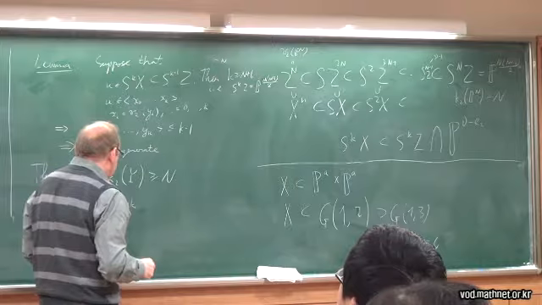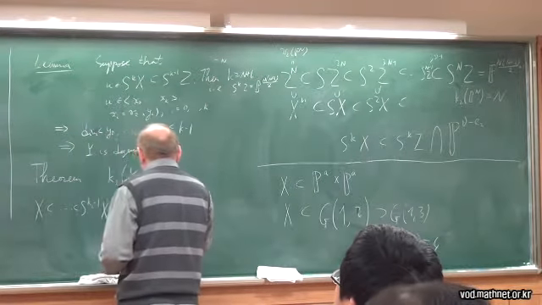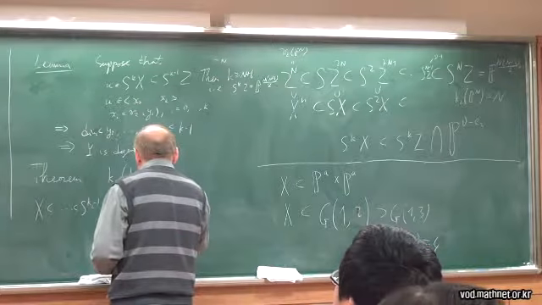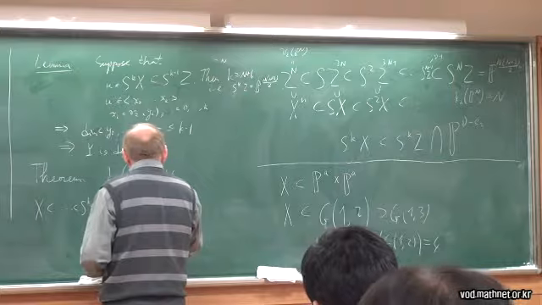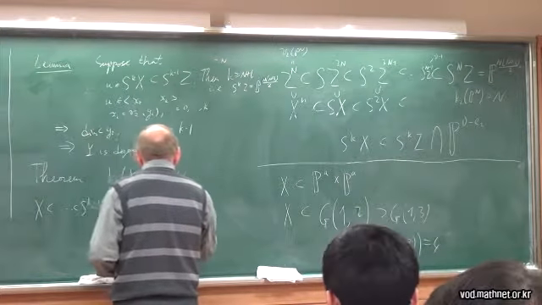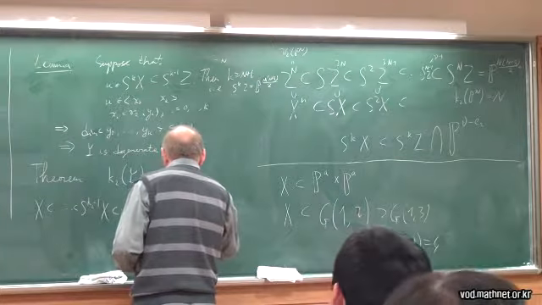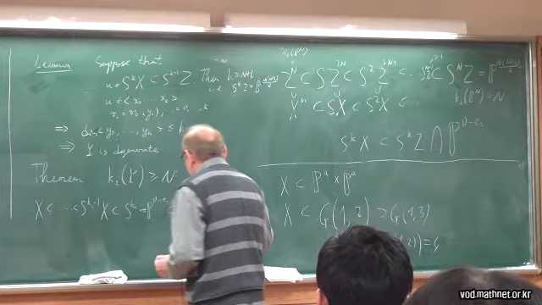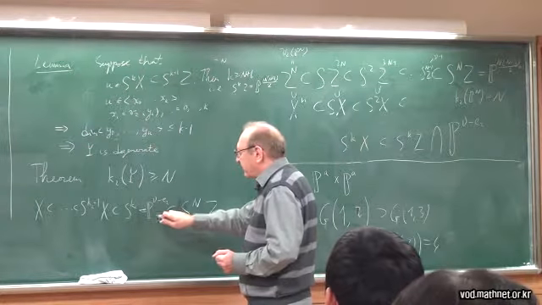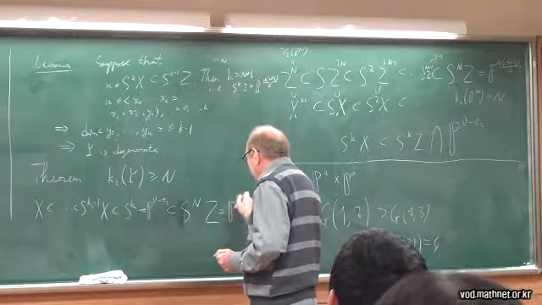We have this, and this is equal to the dimension of the ambient space. And so this is contained in S_n of Z, because this is equal to the ambient space.